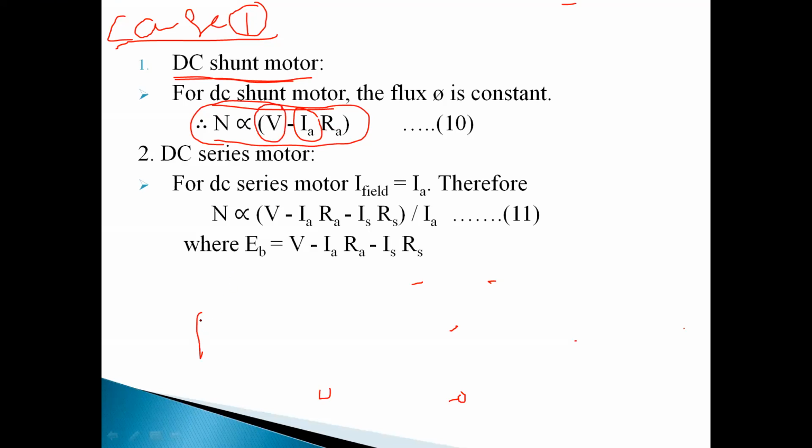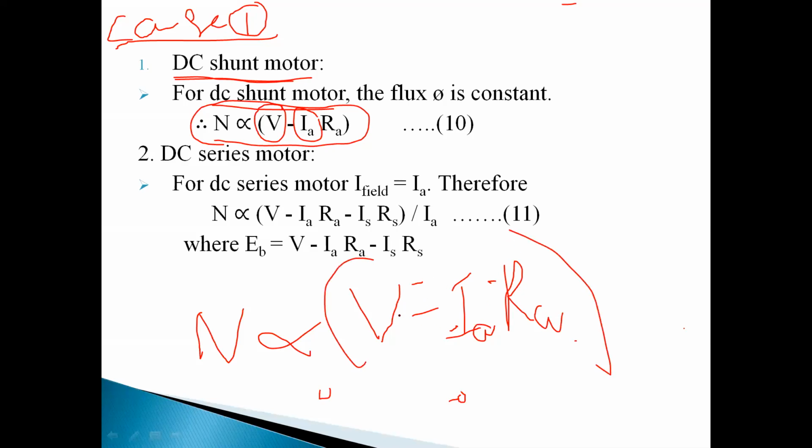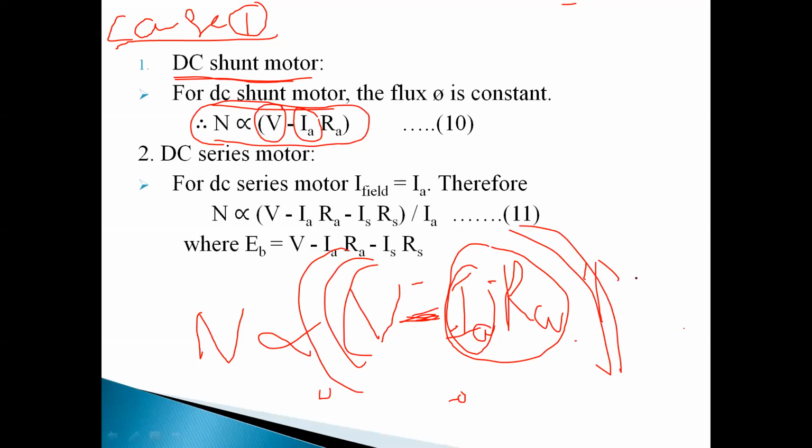So N is proportional to V minus IA RA. As IA increases, the IA RA drop increases. V is some constant, and a constant minus an increasing quantity means the total value decreases. That means speed decreases.